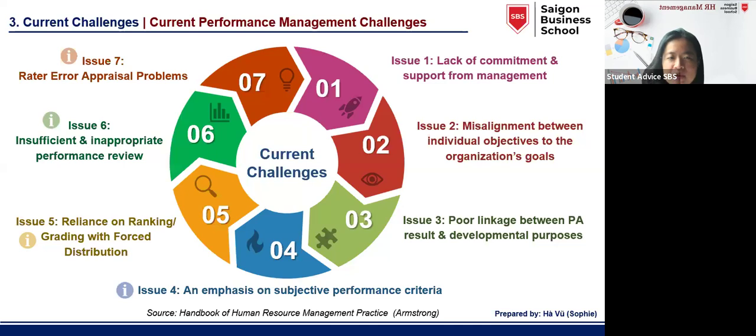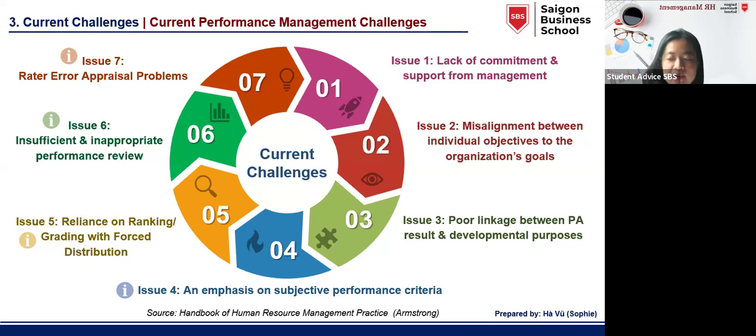We also have a case study, especially on retail errors in appraisal problems. It is a real case that I need you to spend a lot of time analyzing, to avoid this situation happening the same in your real-life experience.